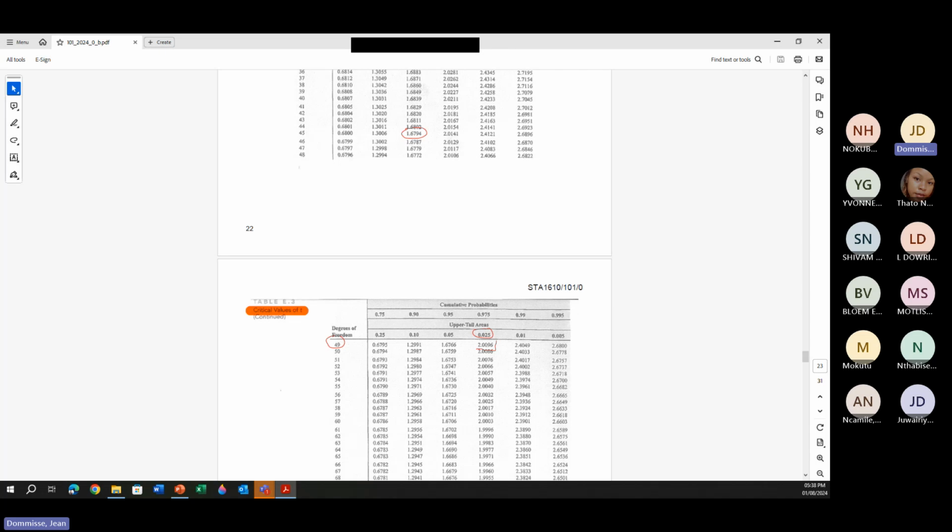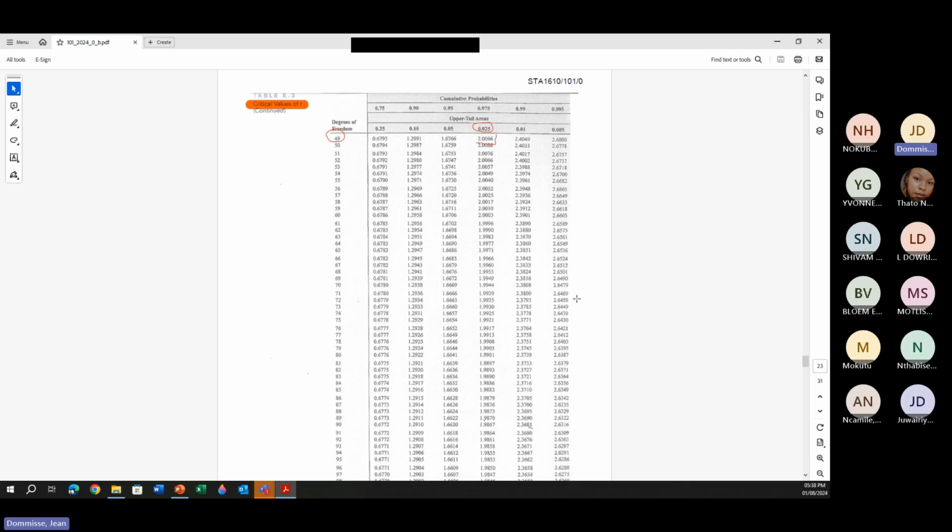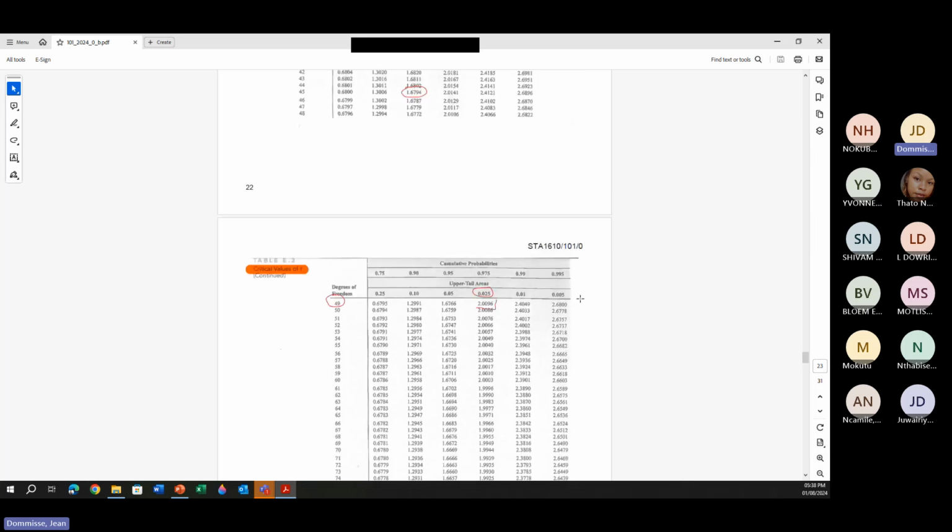That whole part in the study guide really does explain how to use the t-table very nicely. I think a lot of that is quite nicely explained in that. Okay, so let's see degrees of freedom.